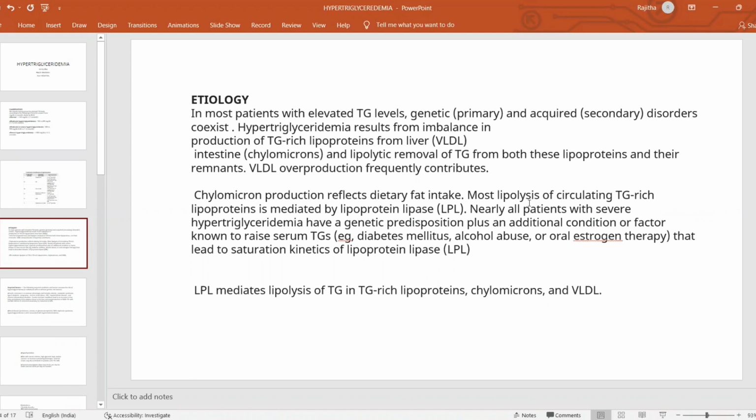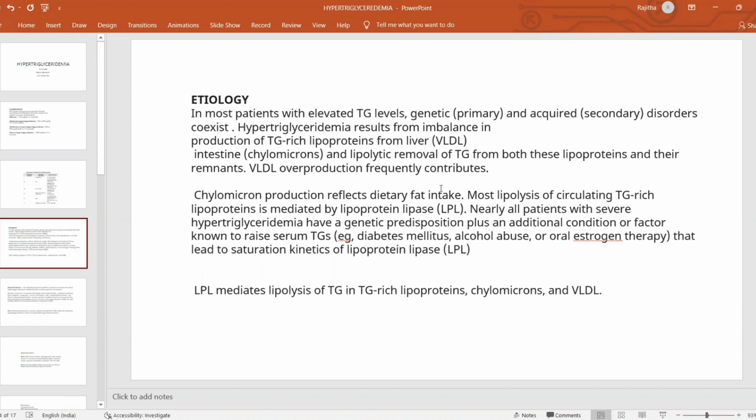Hypertriglyceridemia is usually an imbalance in the production of triglyceride-rich lipoproteins. You have two kinds of TG-rich lipoproteins being produced in our body. One is VLDL, which is produced from the liver, and the other is chylomicrons, which is from the intestines.